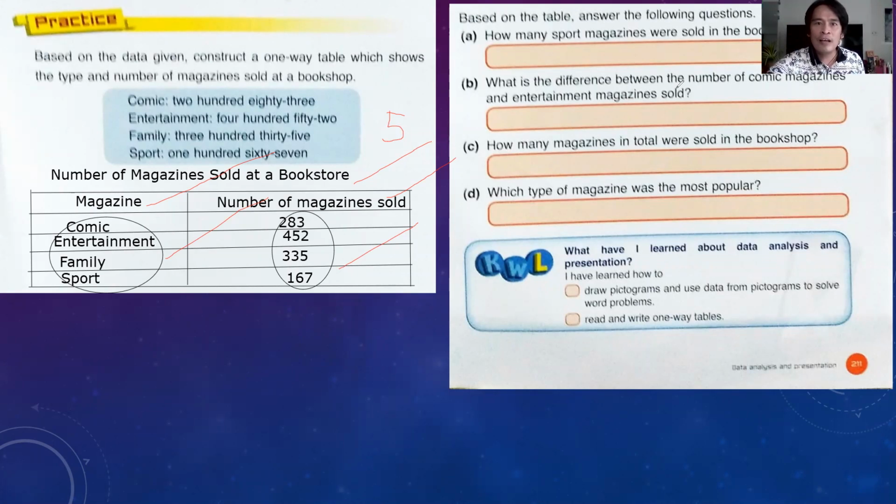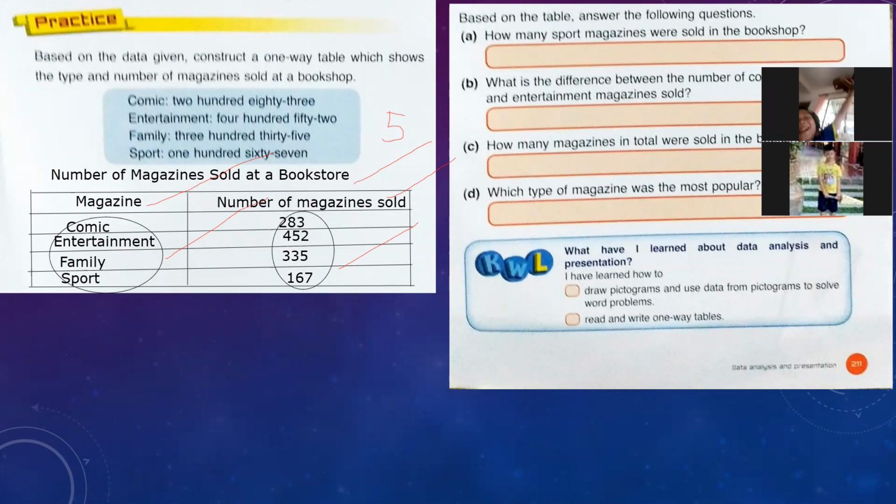What is the question? Based on the table, how many sport magazines were sold in the bookshop? Who wants to answer? 167. Are you sure? Yes. Okay, 167. But do not answer just 167. It's a short answer, so look at the blank.